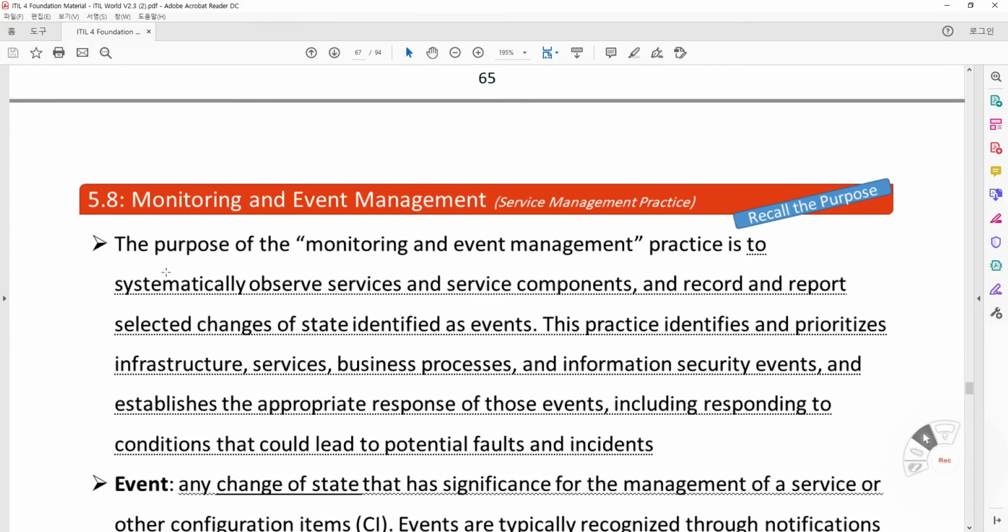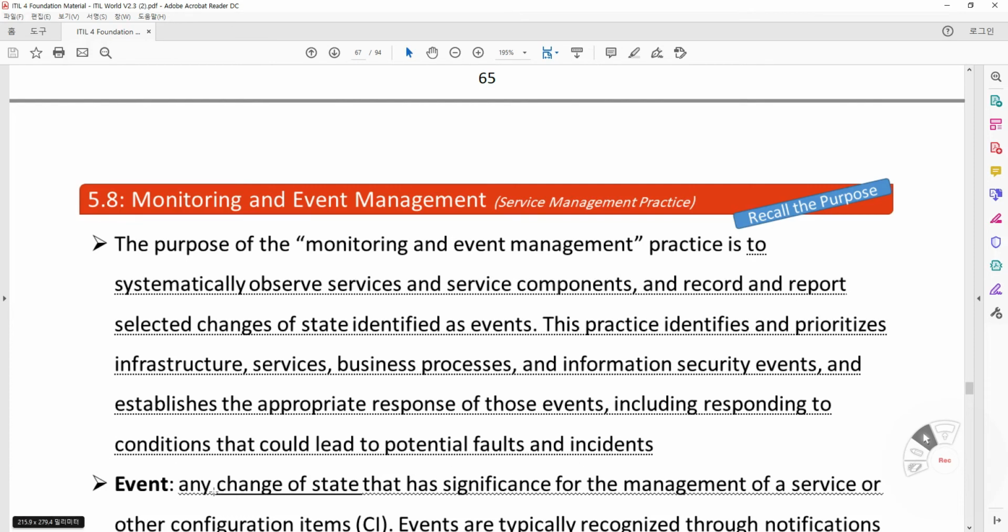The purpose of the monitoring and event management practice is to systematically observe services and service components, and record and report selected changes of state identified as events. This practice identifies and prioritizes infrastructure, services, business processes, and information security events, and establishes the appropriate response to those events, including responding to conditions that could lead to potential faults and incidents.